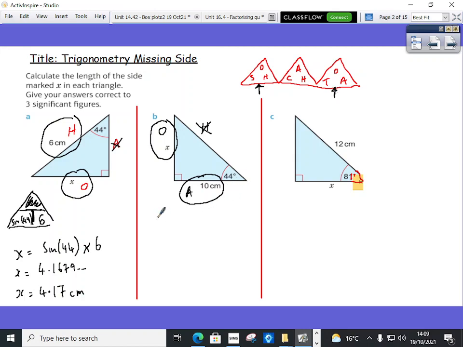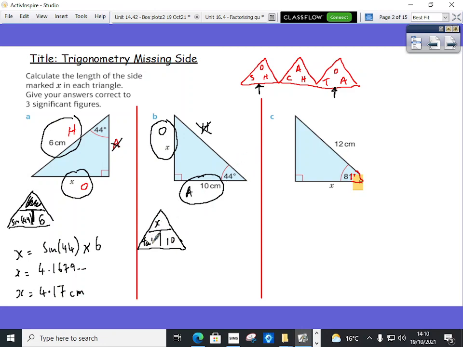So if I was to draw this again, I'm going to draw the triangle and then substitute in what these letters are. So O is X, A is 10, and the T stands for the tan function.